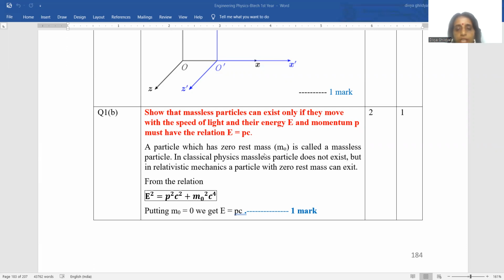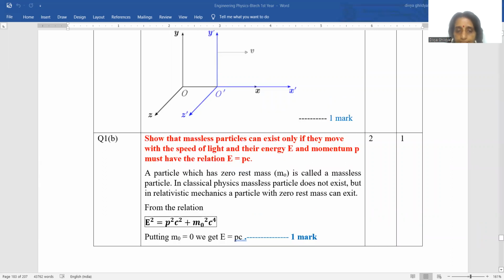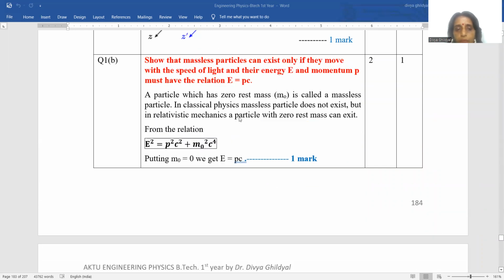A particle which has 0 rest mass is called a massless particle, and in classical physics, a massless particle does not exist, but in relativistic mechanics, a particle with 0 rest mass exists from the relationship E squared is equal to P squared C squared plus M naught squared C to the power of 4. If I put rest mass equal to 0, I get E is equal to PC.